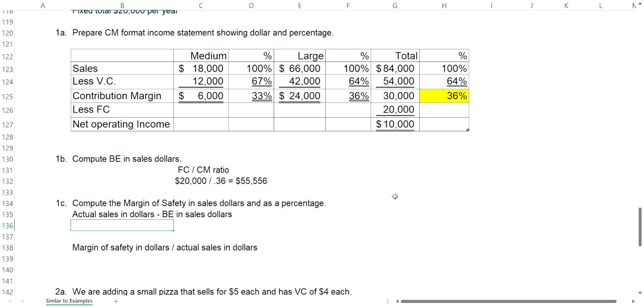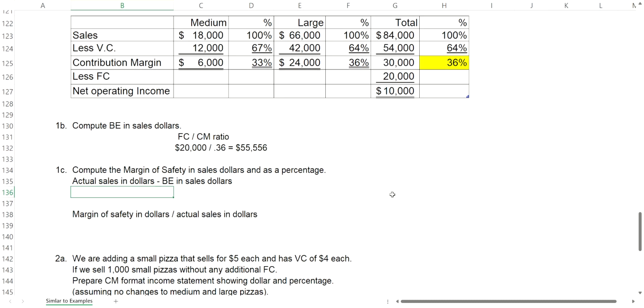Next, in 1B, we're going to compute the margin of safety in dollars and as a percentage. So let's start with dollars. The actual sales in total is 84,000. So actual sales dollars is 84,000. We just calculated in part 1B that break even in sales dollars is $55,556.